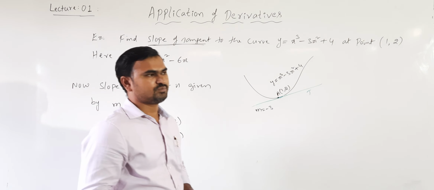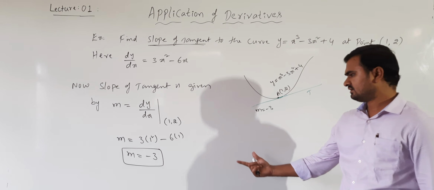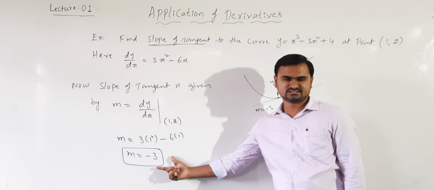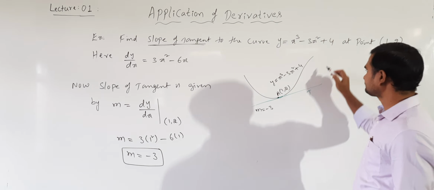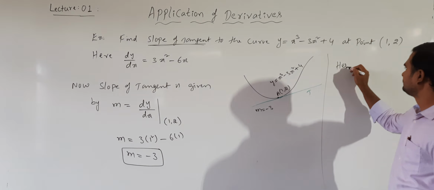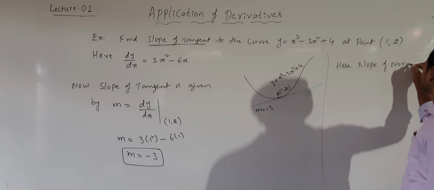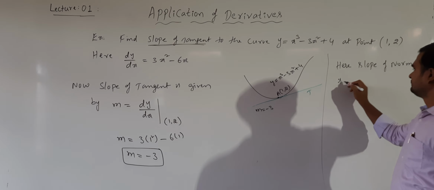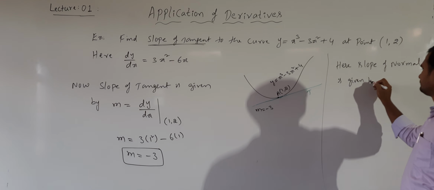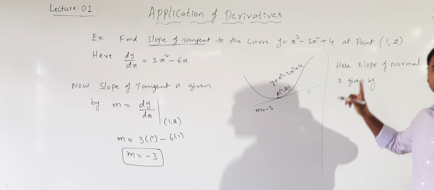Now if they are asking slope of normal, how to find slope of normal? We know slope of tangent is m, so what is the slope of normal? Here slope of normal line is given by, if m is the slope of tangent, so what will be the slope of normal?